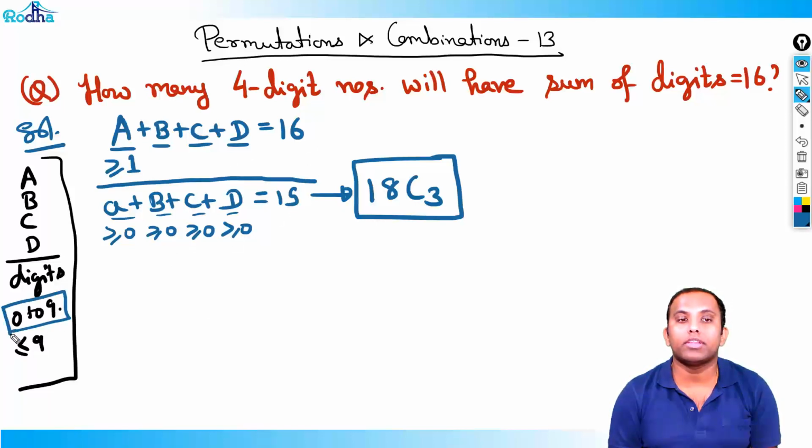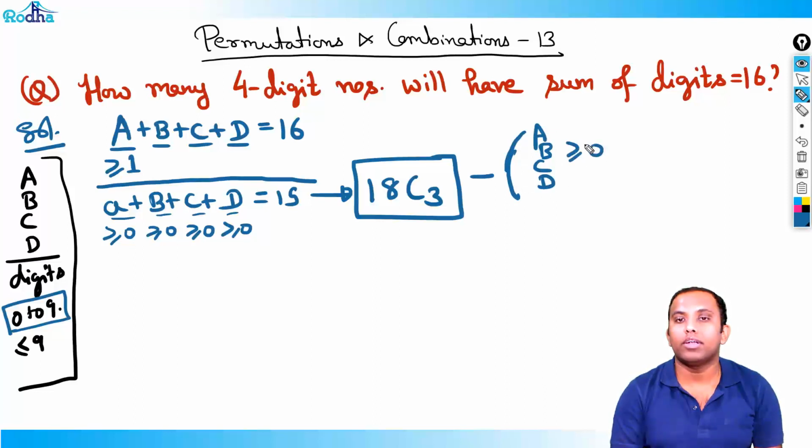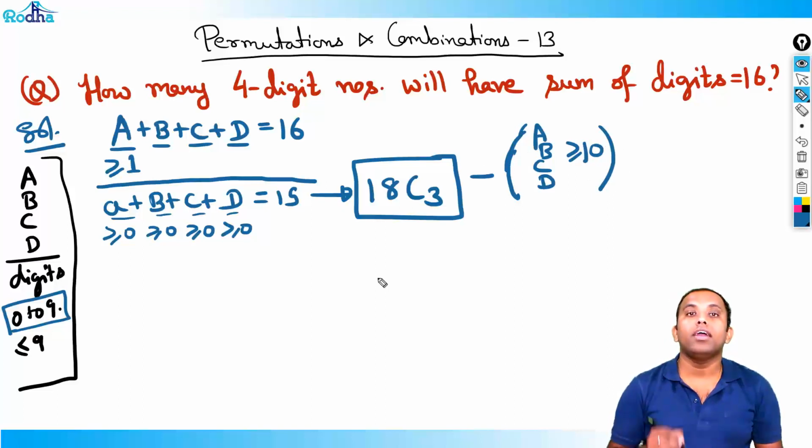We have to put the condition that all the digits have to be from 0 to 9. So again, out of the 18C3 cases, I'll subtract those cases where A, B, C, D are greater than or equal to 10. I don't want those cases.